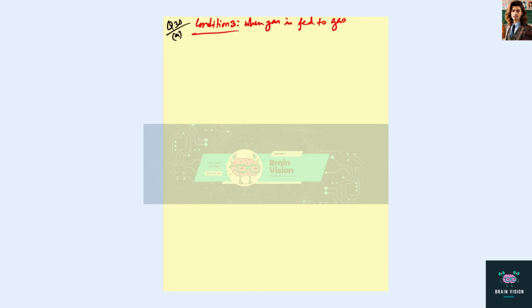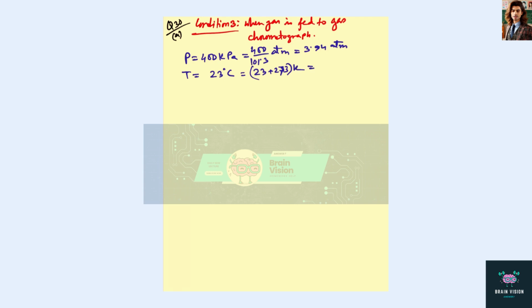When gas is fed to the gas chromatograph, in this situation the pressure is 400 kilopascal. Let's convert it to atmospheric pressure, which is 3.94 atm. The temperature is 23 degrees Celsius, which is 296 Kelvin.